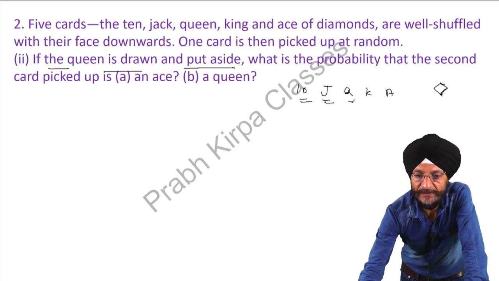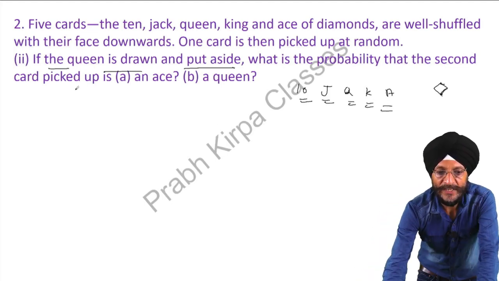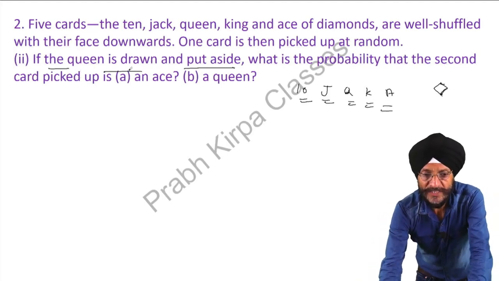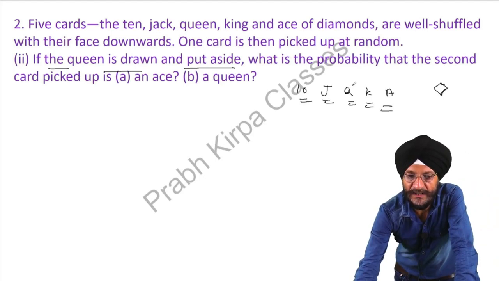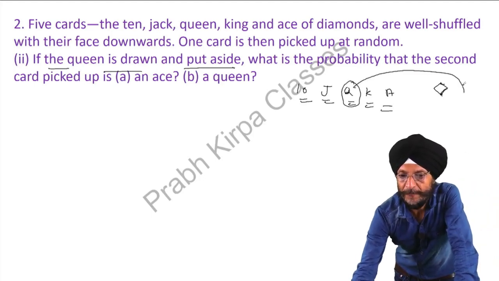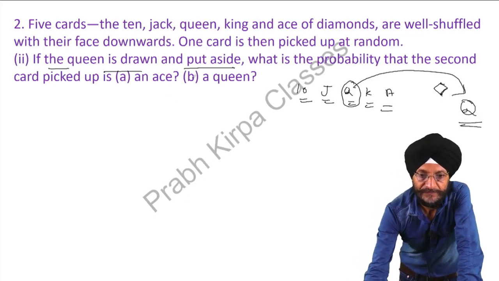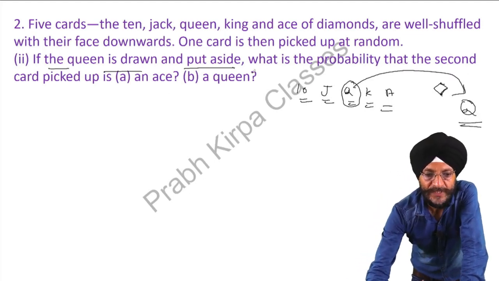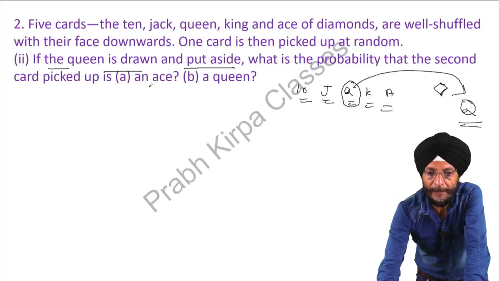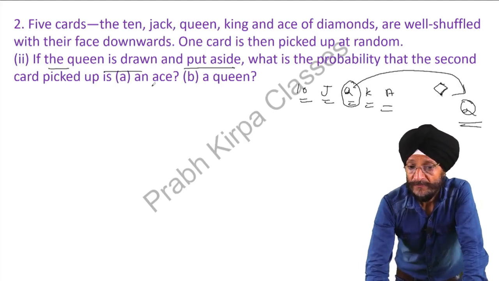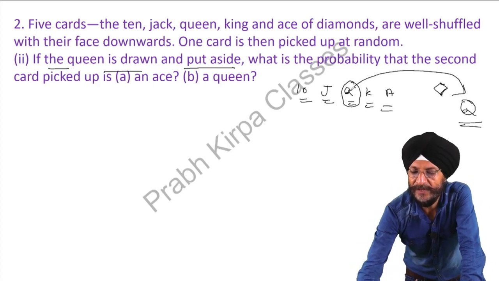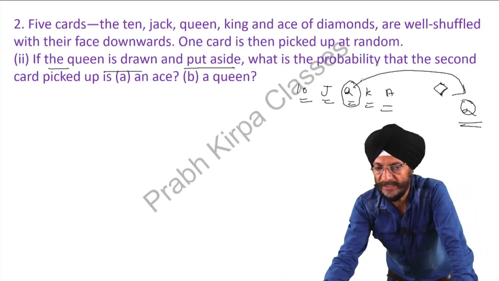These were the 5 cards given. Now what is written? If the Queen is drawn, that is this card has been picked up and put aside, the card has been placed on another side. So what is the probability that the second card picked up is an Ace? This is the first turn in which we have drawn the Queen card and put it aside.